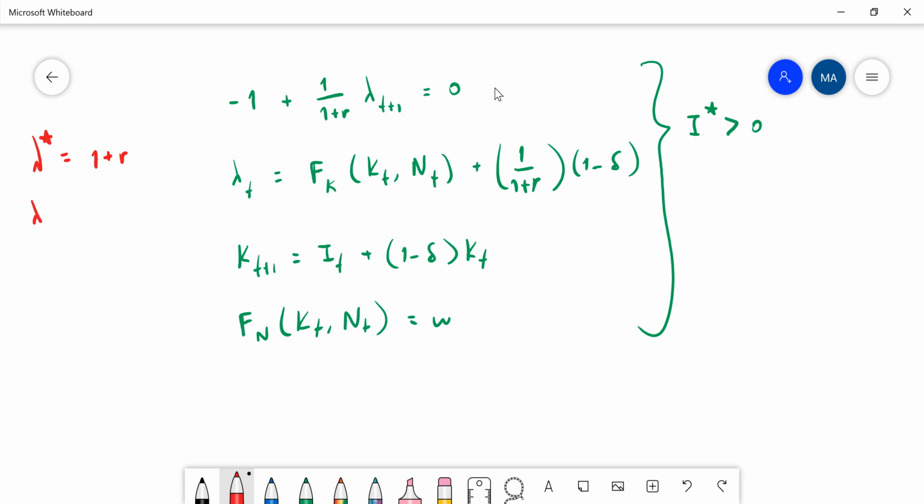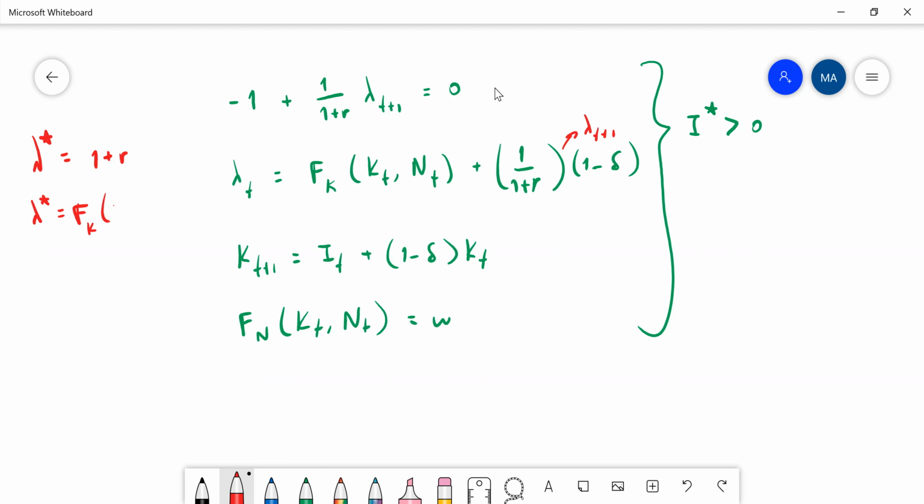Then lambda star will be equal to, so I am forgetting some lambda here, right? So there is lambda_{t+1} here. So I guess at the end you're gonna find this.